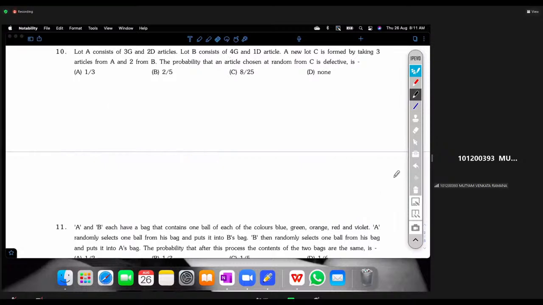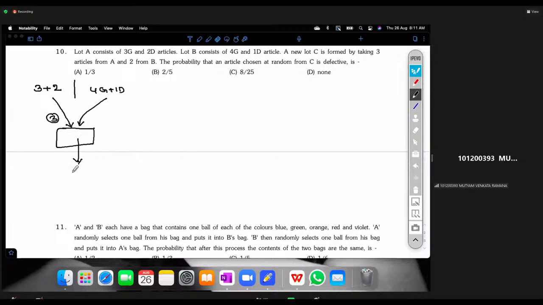Okay. So you need to understand what is the thing here. A is having 3 genuine and 2 defective. Here 4 genuine and 1 defective. From this side, 3 articles are coming. From this side, 2 articles are coming. You are packing them.